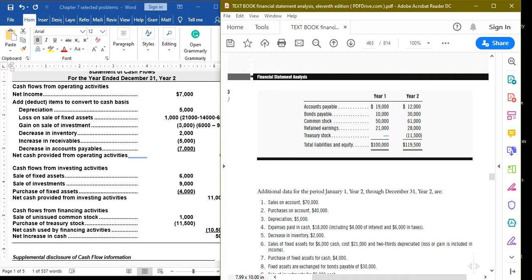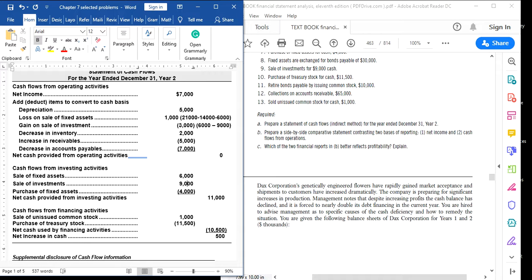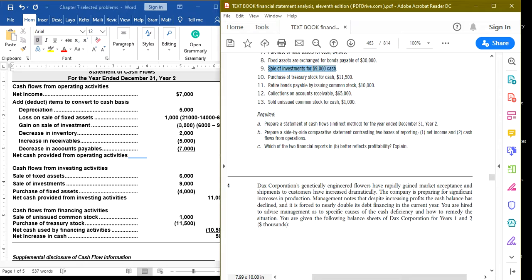Sales of fixed assets, okay, for cash. Regardless, the depreciation and the cost, those belong to operating activities. Okay. Also we have sales of investments for $9,000, which is here, sales of investment for $9,000. It's explicitly given over here, very clear.